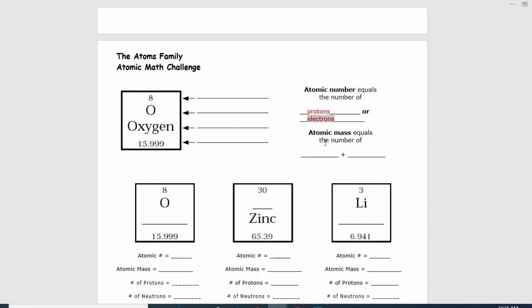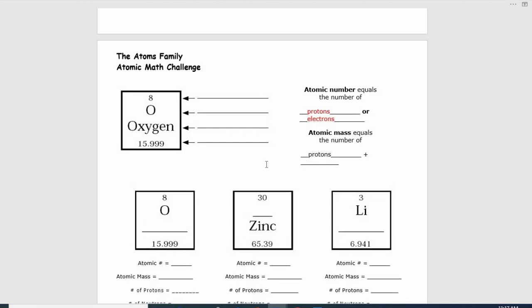The atomic mass equals the number of protons plus neutrons. So this will be the answer here.